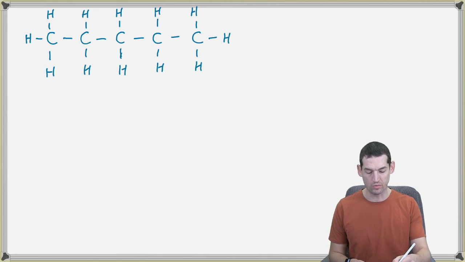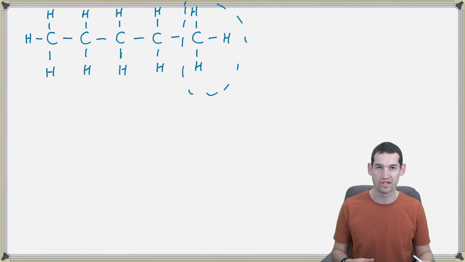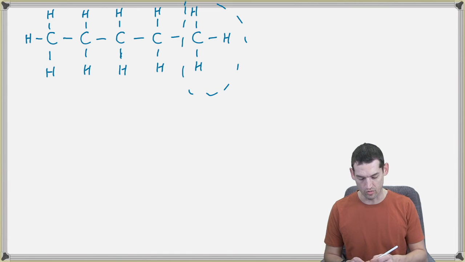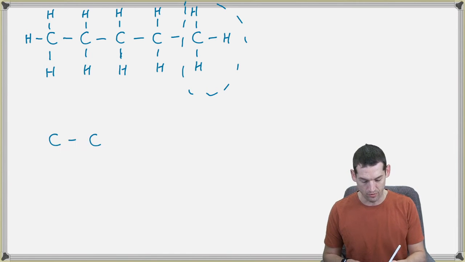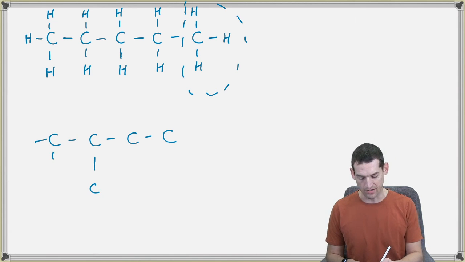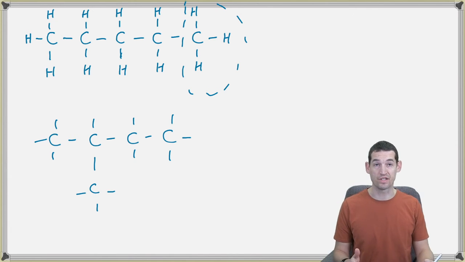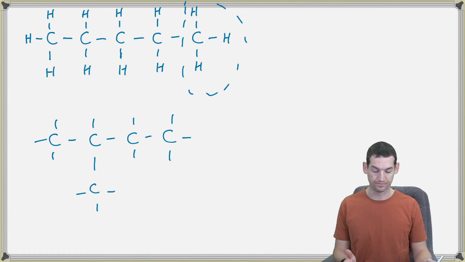The next one would be, what if I could break off this end group right here? What if we broke that off and attached it somewhere else as a branch? So what if I have 4 carbons in a row, and then I attach that as a branch there, and then I fill everything up following the honk rule, and I still have C5H12.